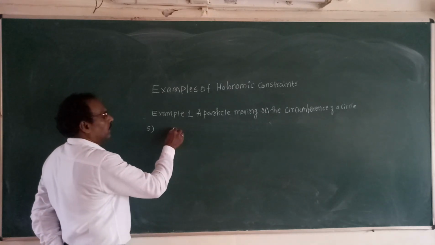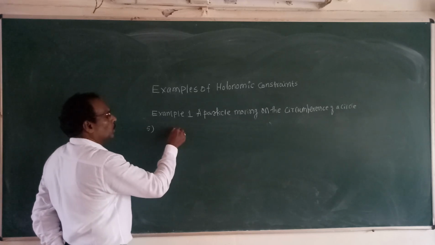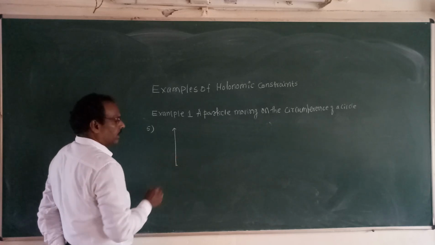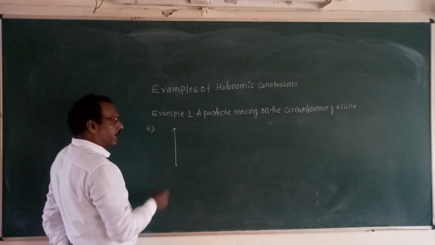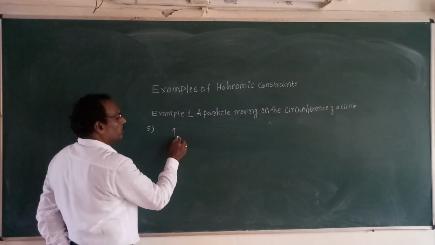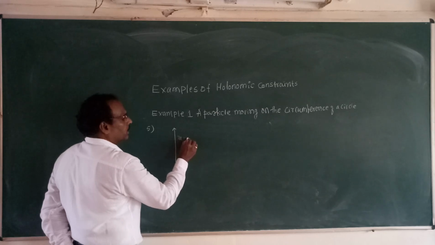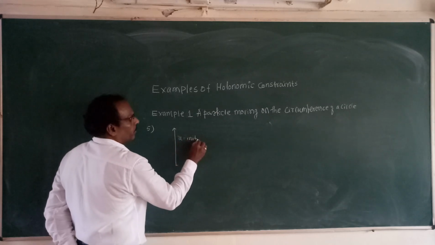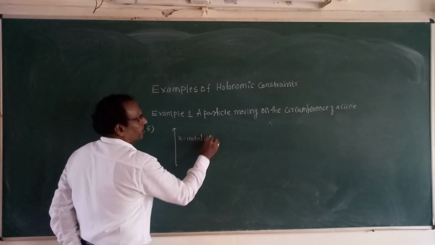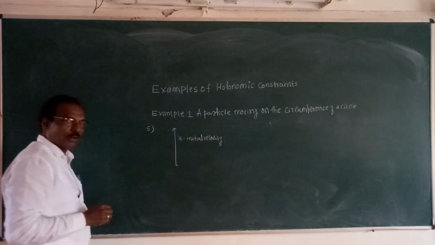If a body is thrown vertically upward along a straight line with some initial velocity u, this is its initial velocity. It's a simple example but an interesting one.